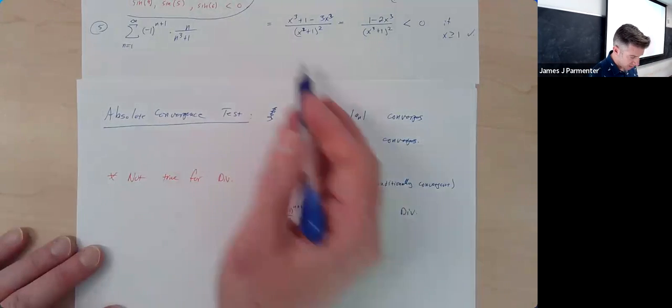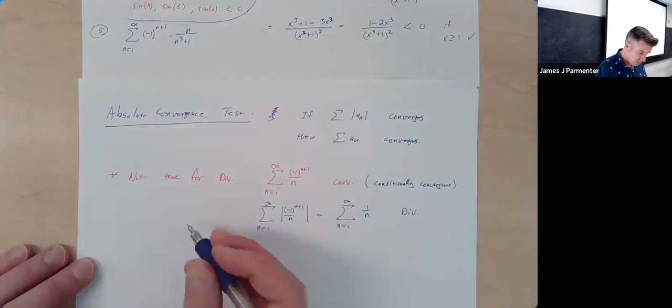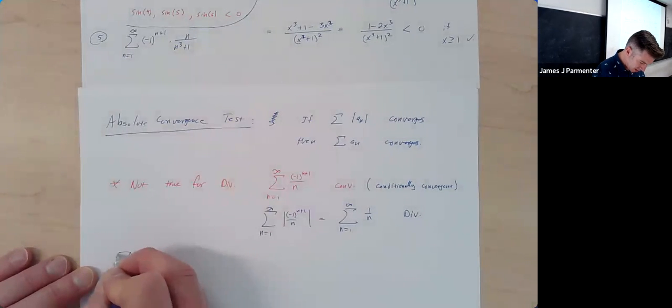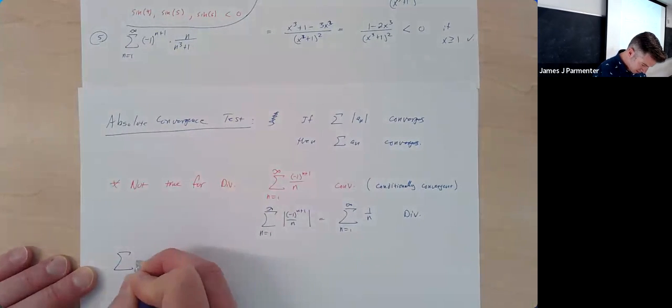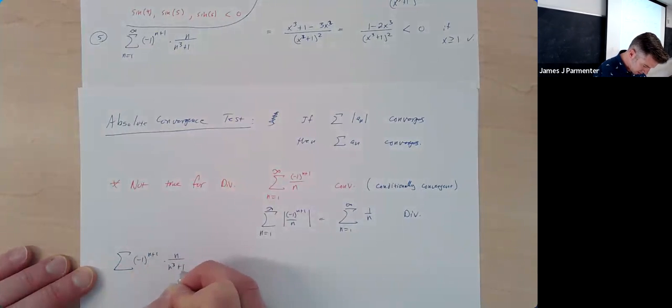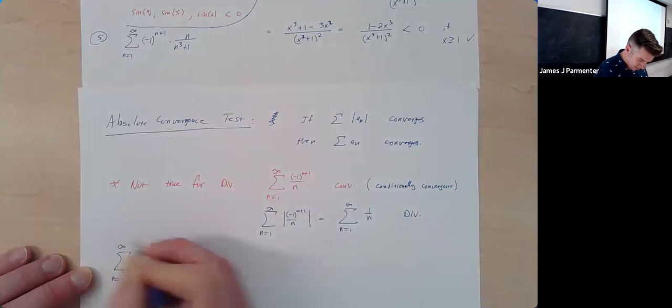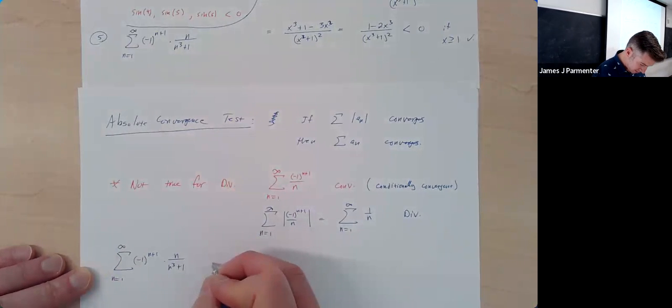Let's go back to this example though, which you can still see. So we could have said, oh, this series, -1 to the n plus 1 times n over n cubed plus 1, n equals 1 to infinity, let's test for absolute convergence.